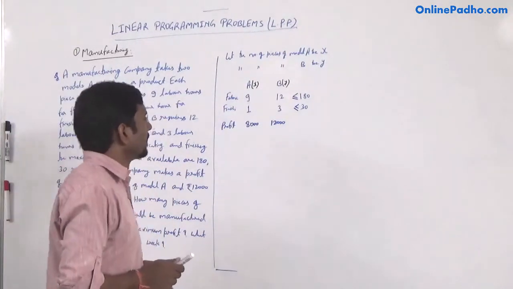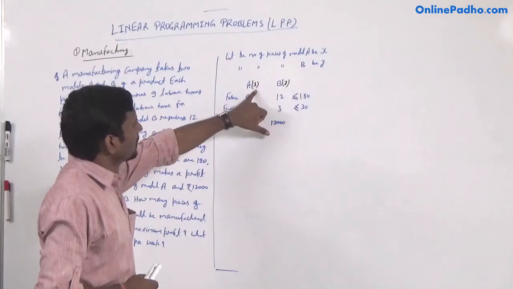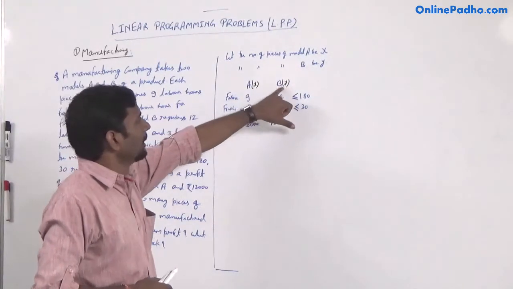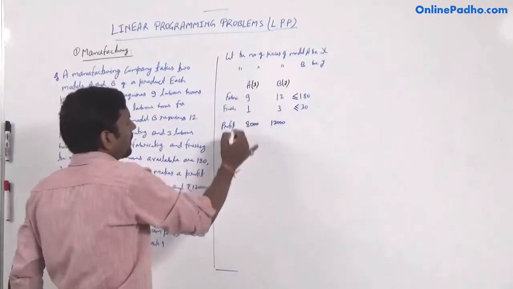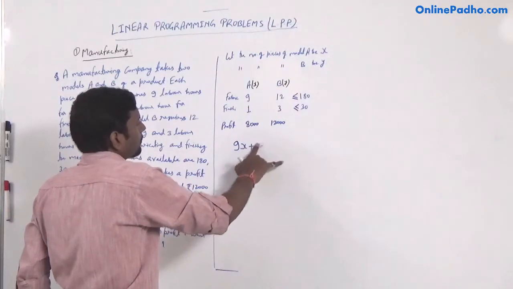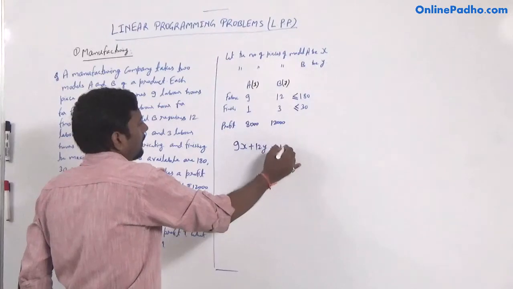If one piece of product A takes 9 hours and one piece of product B takes 12 hours, the first inequality will be 9x plus 12y is less than or equal to 180.